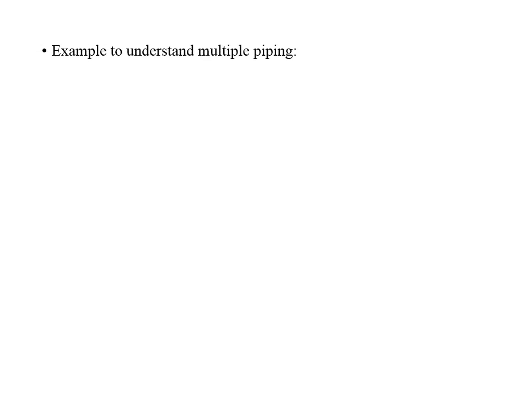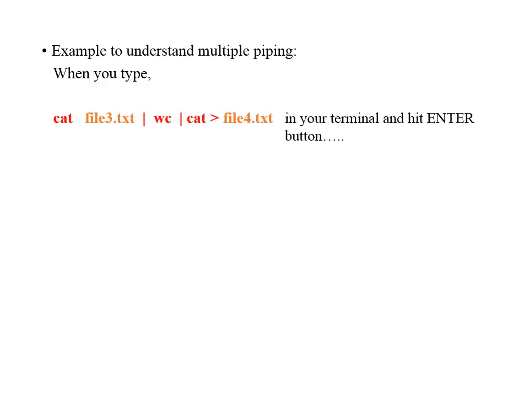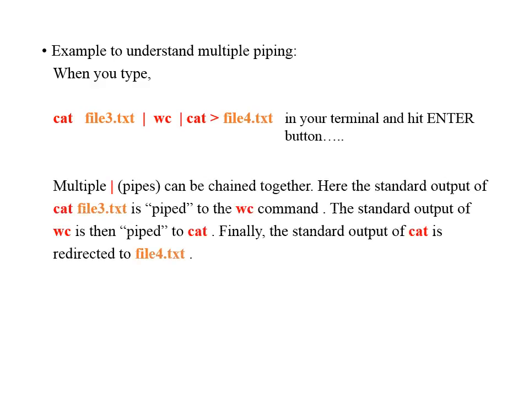Example to understand multiple piping. When you type cat file3.txt pipe wc pipe cat greater than file4.txt in your terminal and hit enter, multiple pipes can be chained together. Here the standard output of cat file3.txt is piped to the wc command.